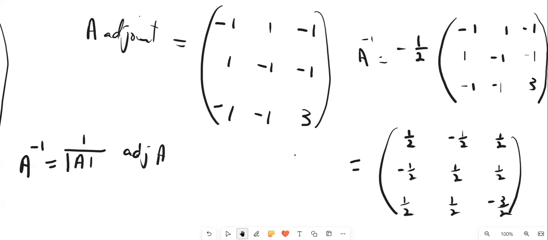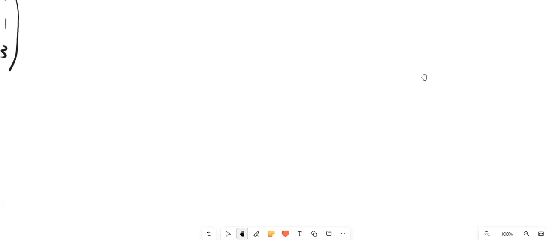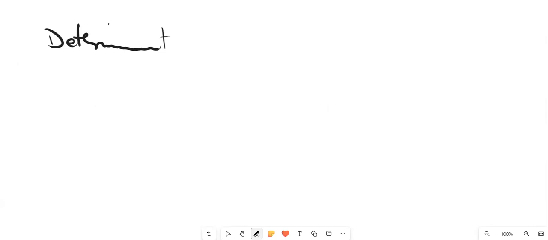It's a long process, and therefore you have to be very careful. A lot of things come into play there. You have to find the determinant, right?